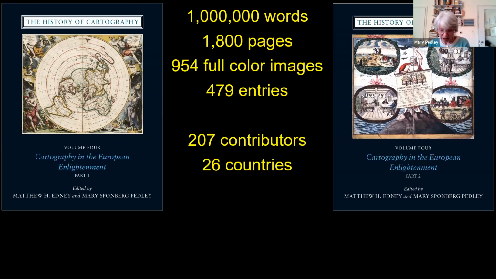So we hope you get a chance to see the volume in real time yourself, all 17 pounds of it, or even acquire a volume for yourself so that you have a printed encyclopedia at home that you can consult if you like maps.